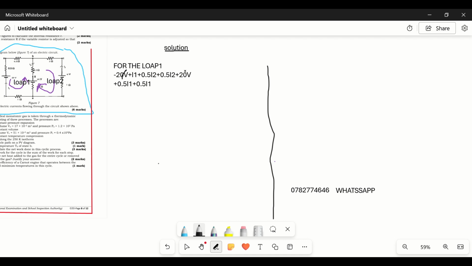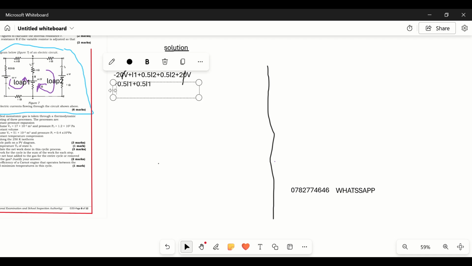Here also we can cancel this one, and after cancelling, finally we are going to have 2 I1 plus I2 equals 0. This is for loop 1.